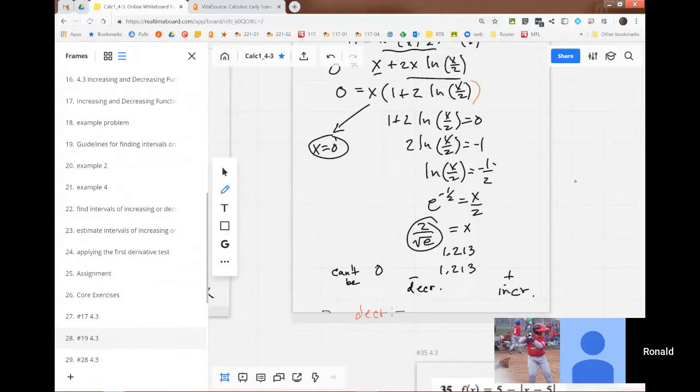Decreasing from 0 through 2 over the square root of e, and increasing from 2 over the square root of e to infinity. I think that's the format they have in the back of the book. Okay.